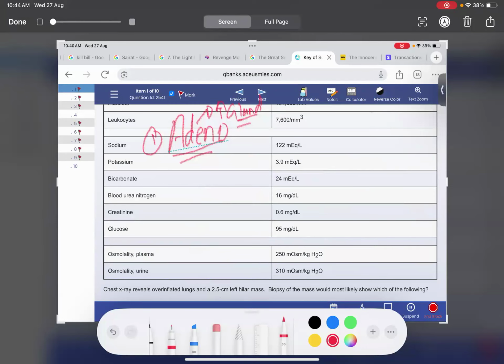Whenever we look at the chest X-ray, adenocarcinoma will be present peripherally. So these are very high-yield points. On chest X-ray, adenocarcinoma presents in the periphery.